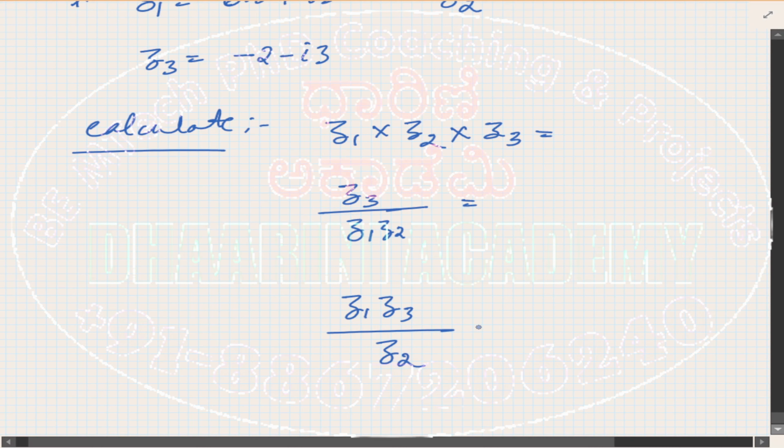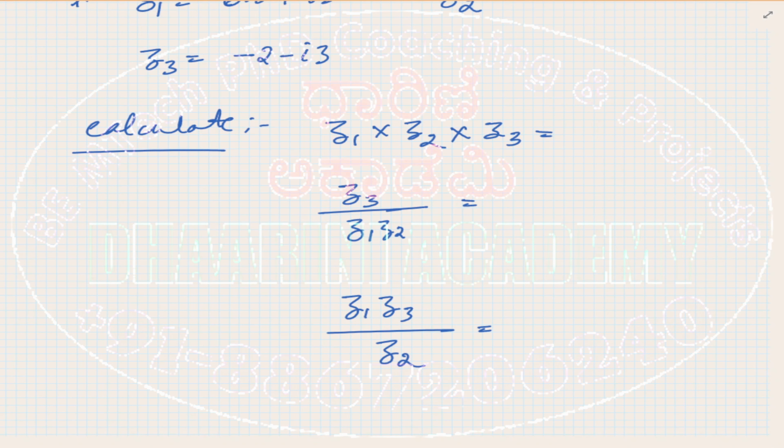Same procedure. We need to multiply all of them together. So Z1 into Z2 into Z3 can be written as magnitude Z1 into magnitude Z2 into magnitude Z3 into e to the power i (theta 1 plus theta 2 plus theta 3).